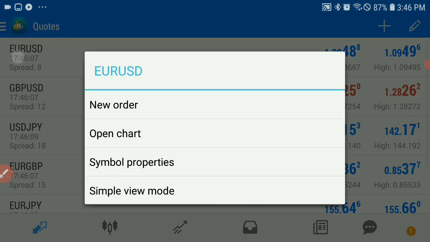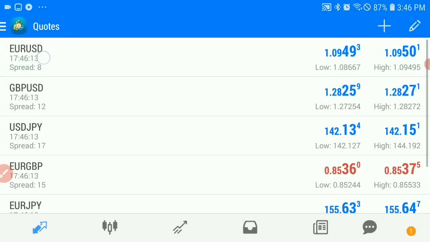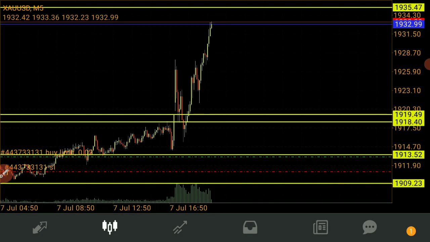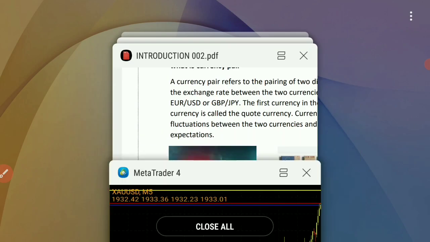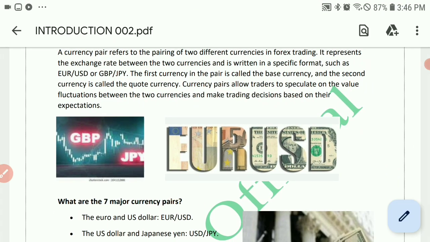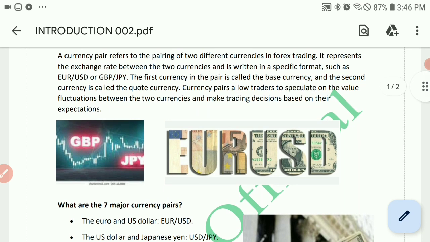The Euro is the base currency, while the USD is the quote currency. So here, as you can see, the first currency in the pair is called the base currency, and the second currency is called the quote currency. So Forex is traded in pairs.